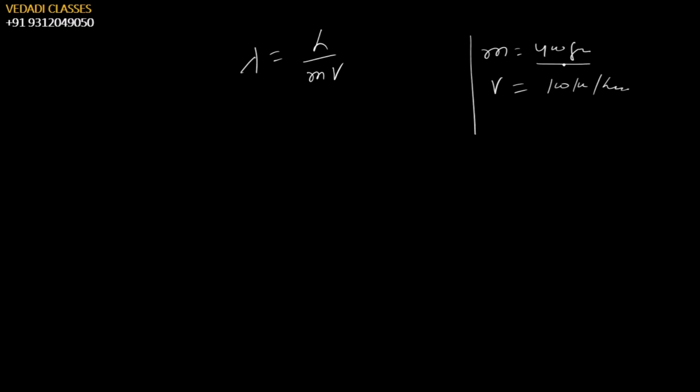Since the mass is high and the velocity is also high, the product will be very high, and lambda, which is inversely proportional to this, will be very, very low. So it is difficult to find out the wavelength when the bowler bowls. The answer to this question can be solved with the help of this formula only.